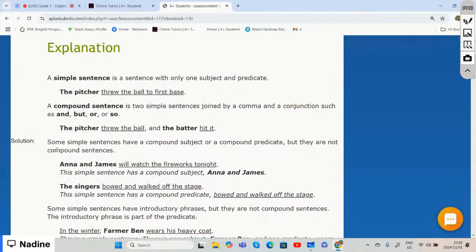And a compound sentence is two simple sentences joined by a comma as well as a conjunction. A conjunction is words such as and, but, or so.